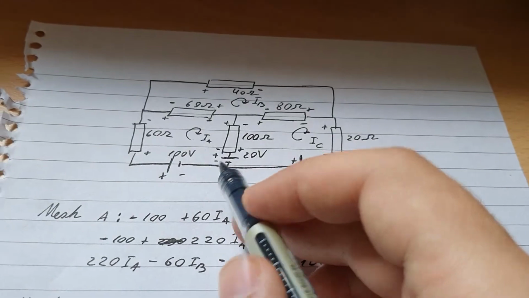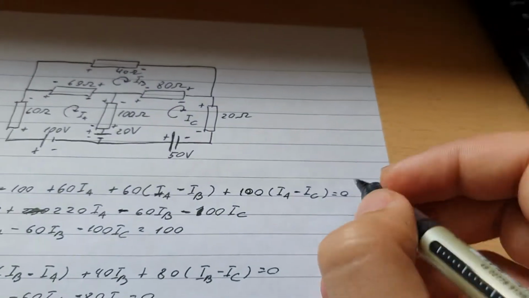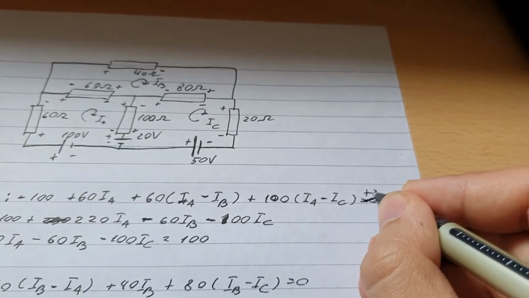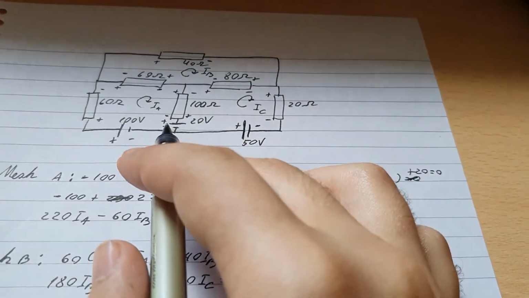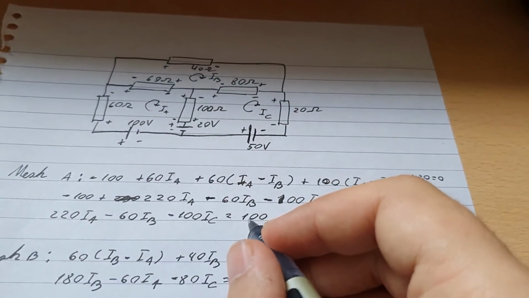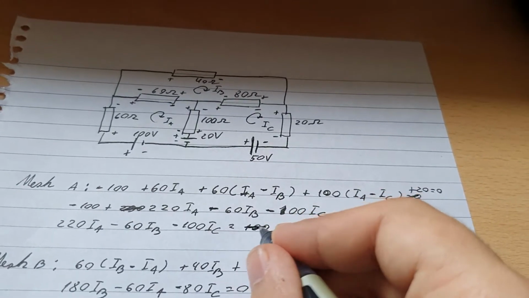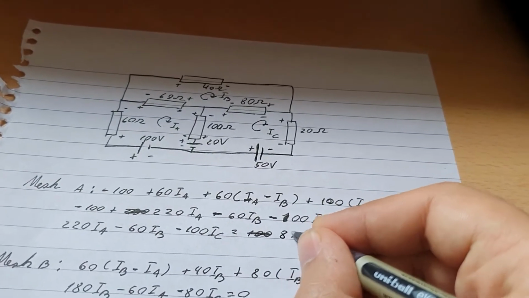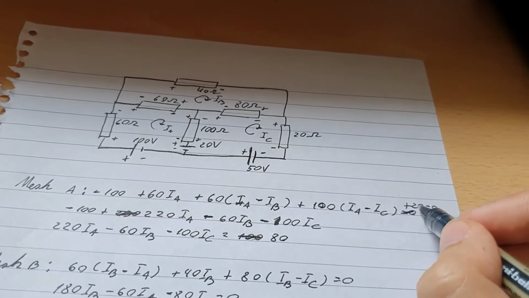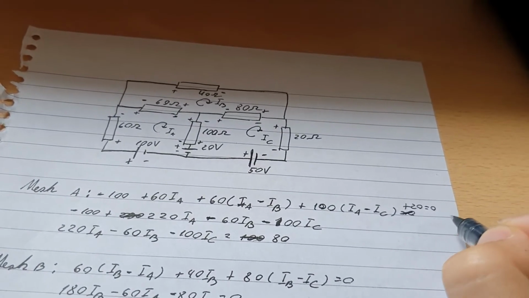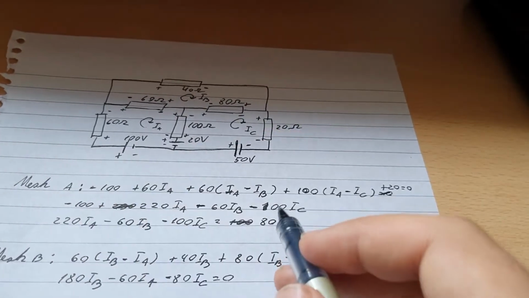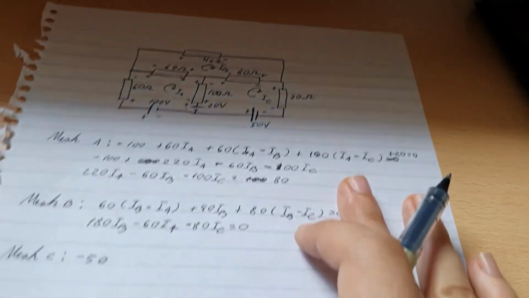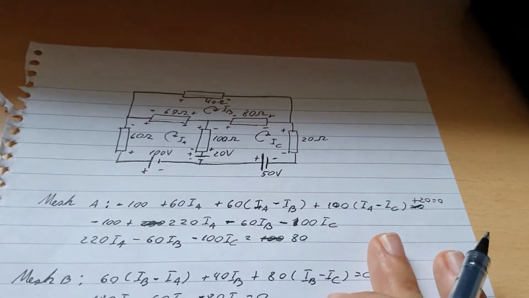Because it goes from the positive to the negative, it will be a plus 20 equals 0. So then the first equation won't be equal to 100, it will be equal to 80, because we move the 20 to the other side as a minus 20, and then 100 minus 20 gives us 80 volts. Sorry about that.